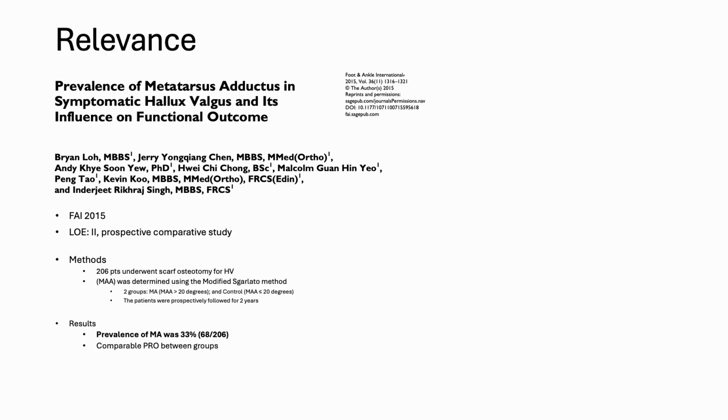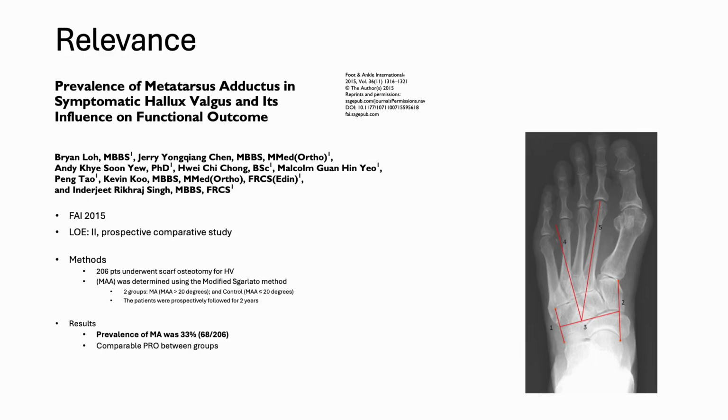For prevalence, they found about 33%, so maybe a little bit higher than Ayer, but maybe not much difference. Comparable outcomes. So whether you had metatarsus adductus or whether you didn't, and whether you corrected it or not, they still had good results. Again, they're measuring it, and what they concluded was that metatarsus adductus did not predispose the patient to poor functional outcomes.